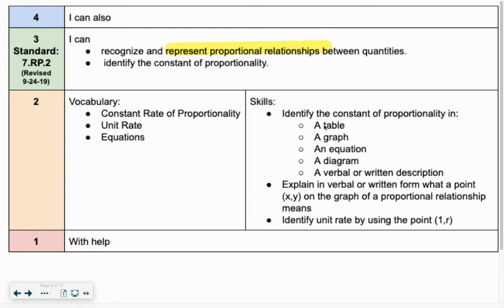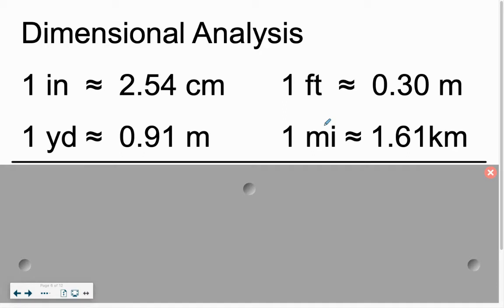Now, let's go and use this a little bit more here. Dimensional analysis is when we change units. Sometimes in class we ask, what are these things? Well, they're squiggly equals, which means approximately equal to or about.